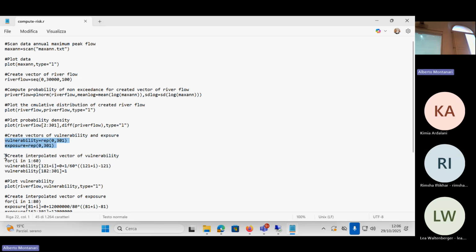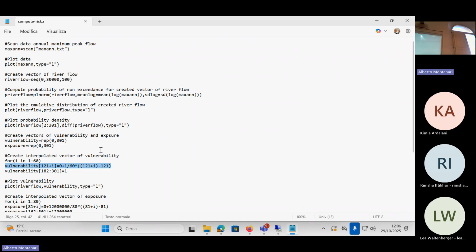And then there is this creation of the interpolated vector of vulnerability. It is a very simple linear interpolation, but understanding it is not so easy. So let's look at this instruction that I highlighted. First of all, the vector that I created is initialized with zeros.